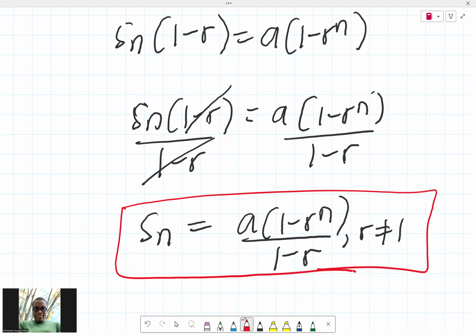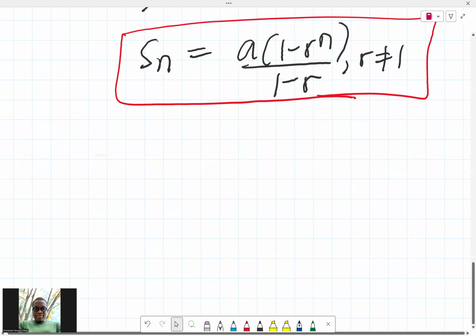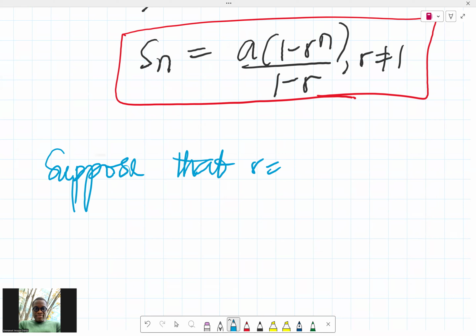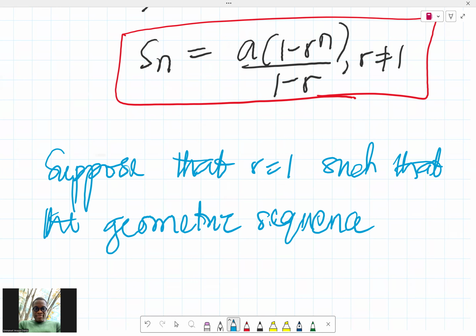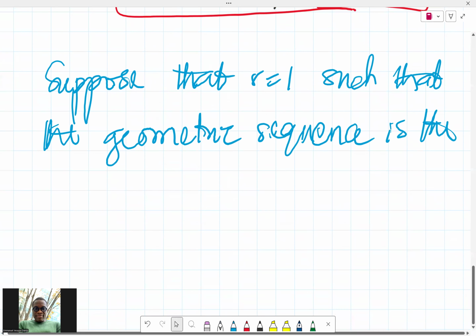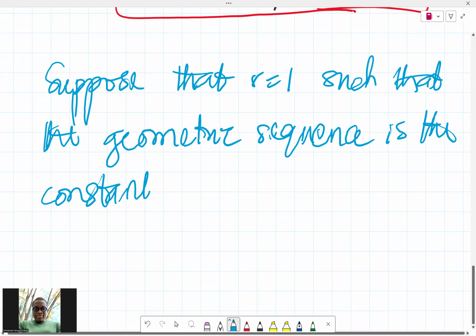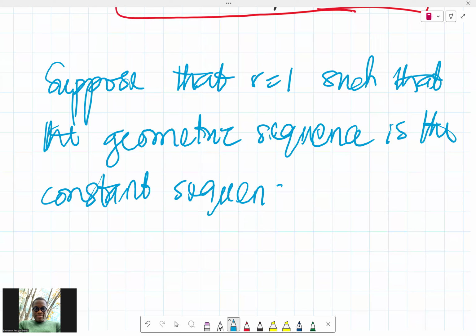Now, what happens if r is 1? Because that's actually possible, right? Suppose that r is equal to 1, such that the geometric sequence is the constant sequence. A constant sequence simply means that if the first term is A, the second term is A, the third term is A, and everything goes on until you get n A's like that.